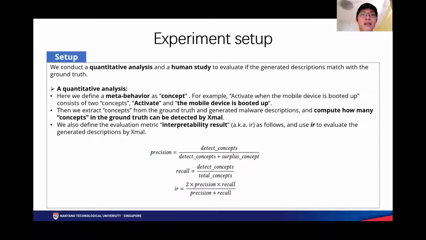In the quantitative analysis, we define a malicious behavior as a concept. We extract concepts from the ground truth and the generated malware descriptions, and then compute how many concepts in the ground truth can be detected by XML.